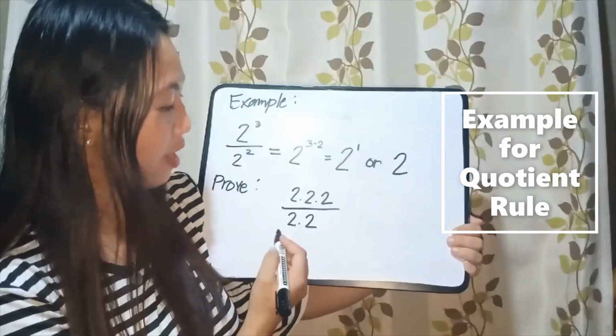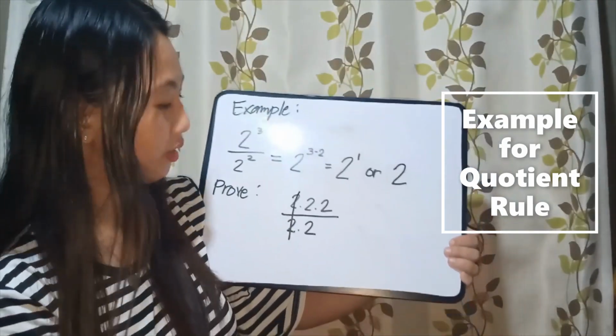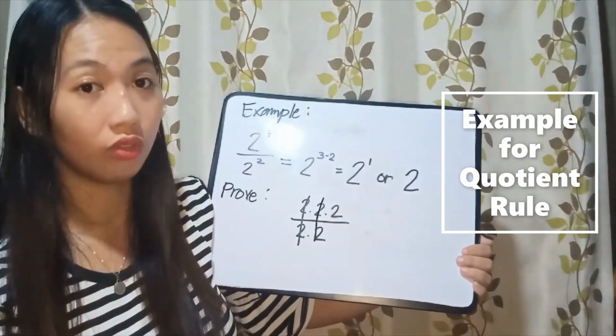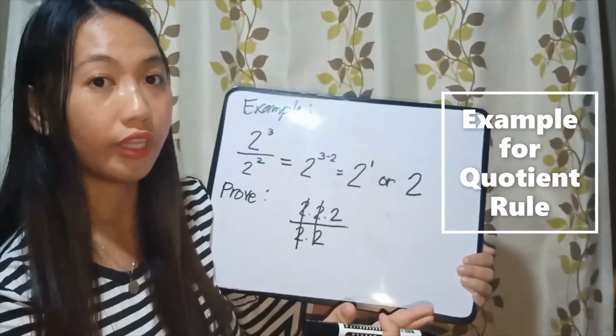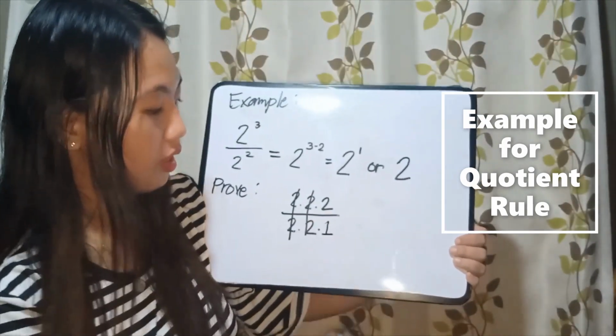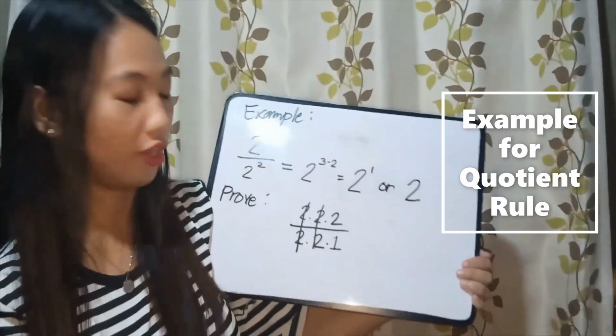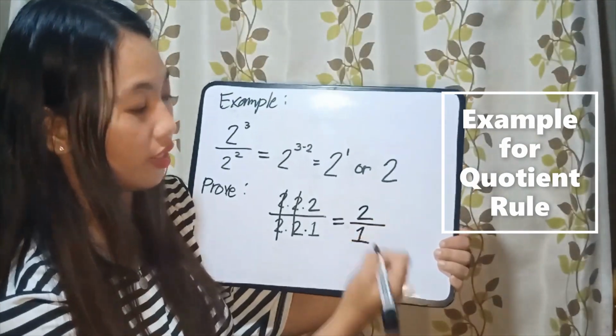of the variables or the numbers that are the same in the numerator and in the denominator. So here we have 2 and 2, so we're going to cancel that, and also we have 2 and 2. There's no more 2, so therefore there's an invisible 1 here. So we have 2 over 1.